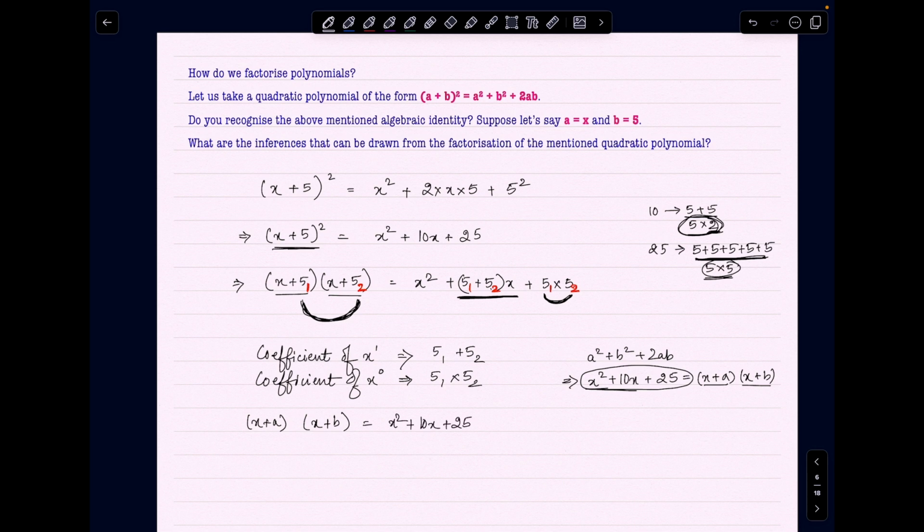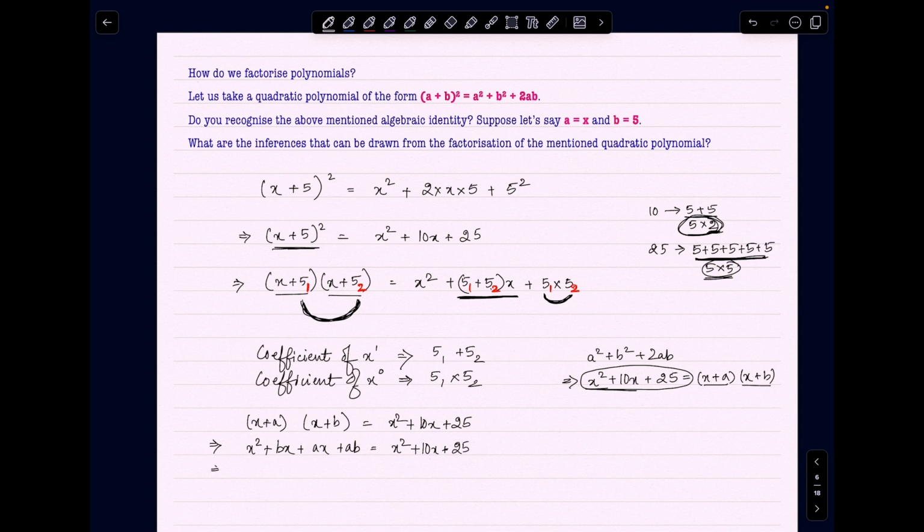Now I am multiplying this whole thing. X into x is x square. X into b is bx, plus a into x is plus ax, and plus a into b is ab. This is x square plus 10x plus 25.